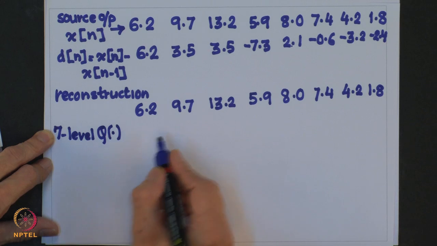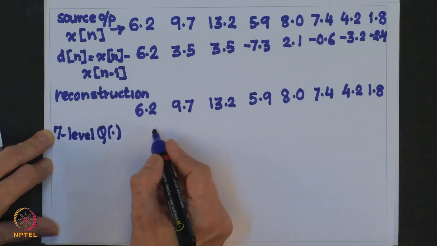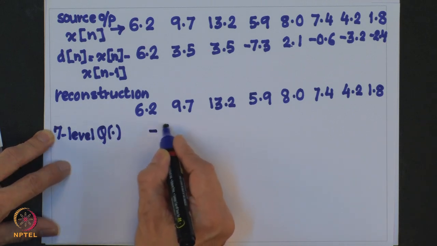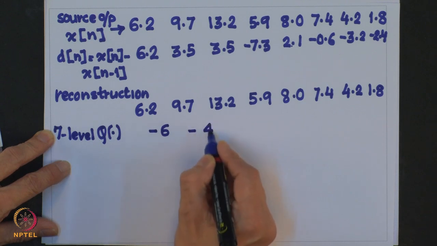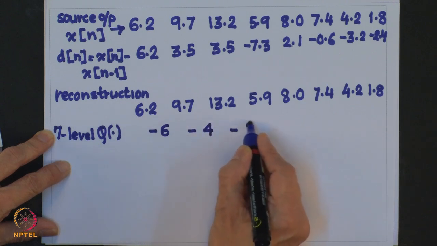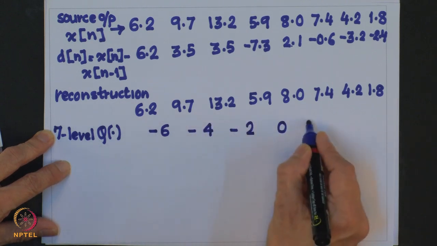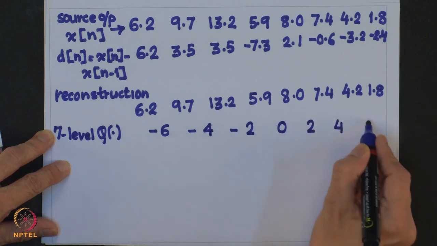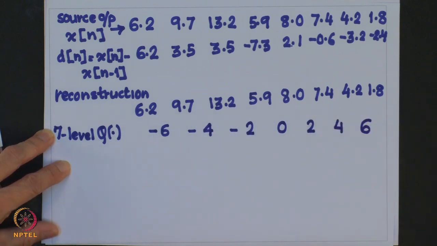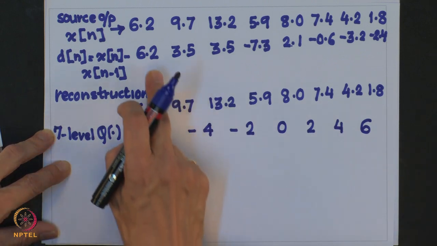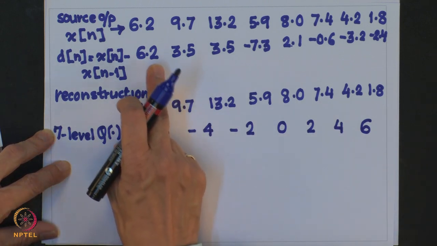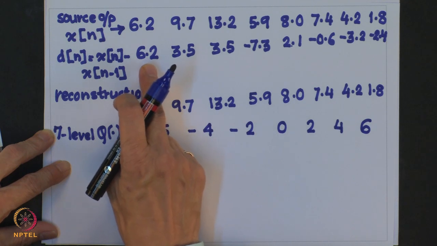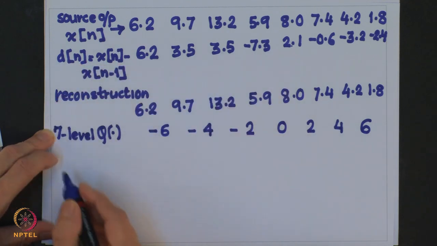and I presume that my reconstruction levels are -6, -4, -2, 0, 2, 4, 6. Using this reconstruction level, let us try to see what is going to happen to the difference signal when I transmit.